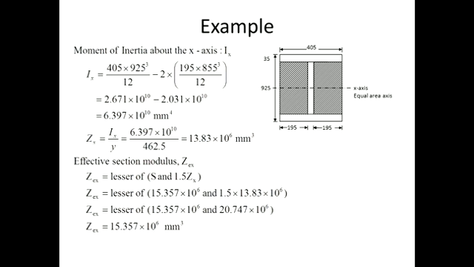Then we should have our value of I, and then our value of Z would be I over Y. So by definition, for us to be able to determine the effective section modulus, we said we have to look at the lesser of S and 1.5 Z. And so this would be our value of ZEX.